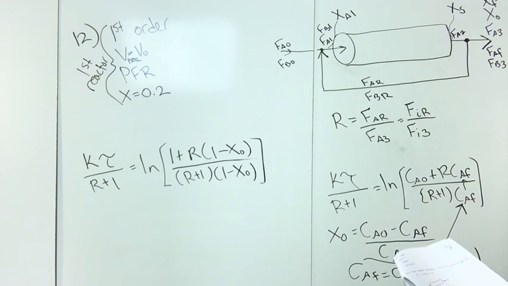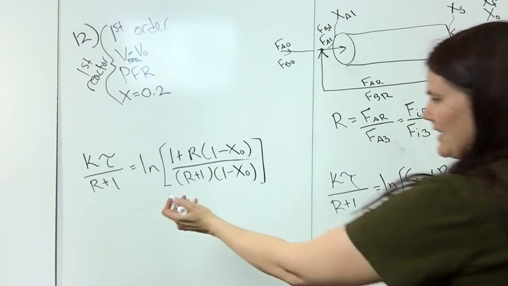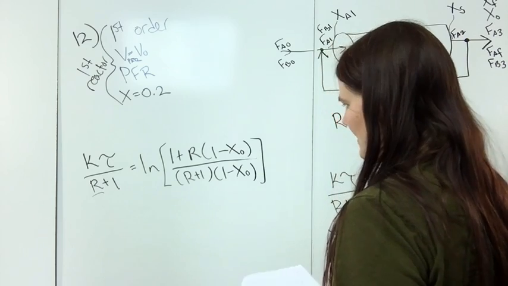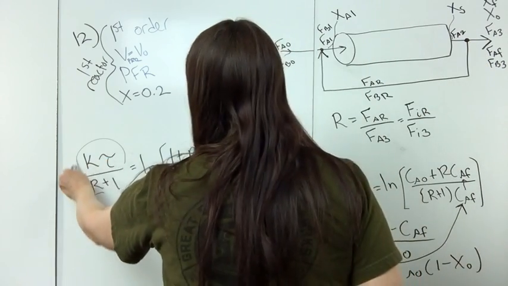So anyway, looking at this, we want R. We know what X naught is. The thing that we're missing is K tau.